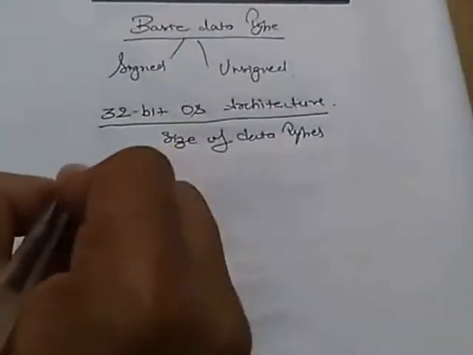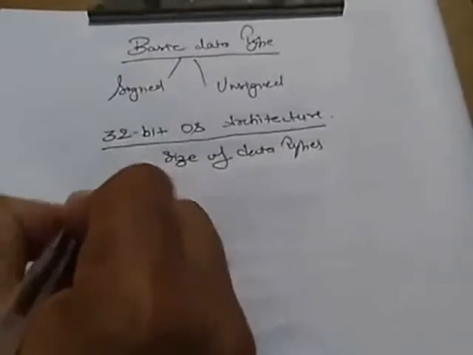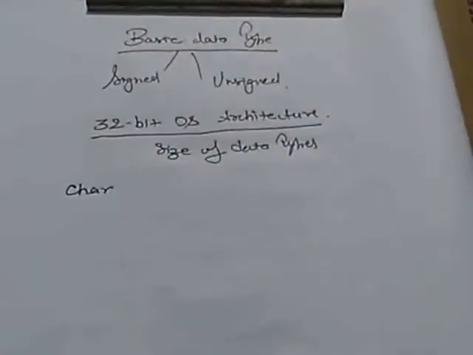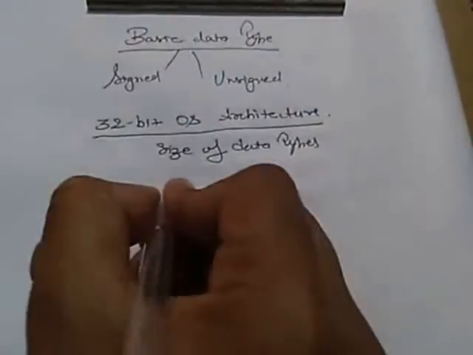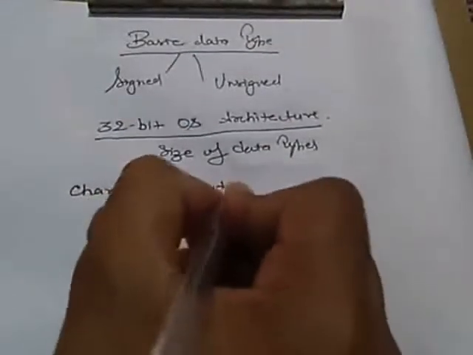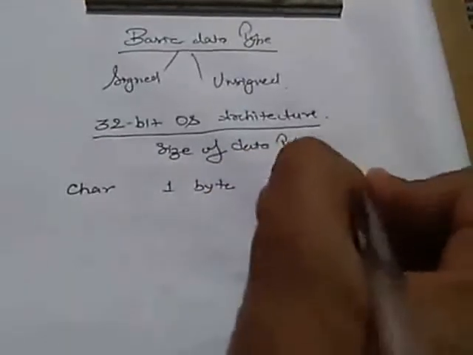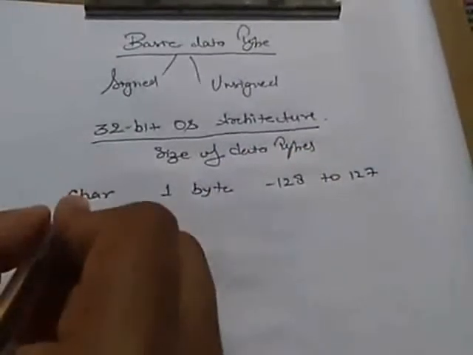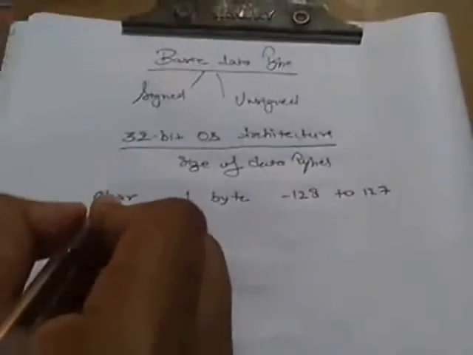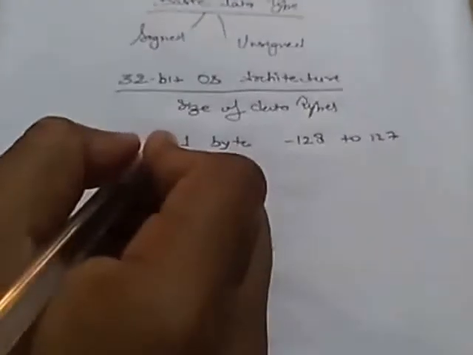Now we have character data type. Character takes 1 byte of memory and its range is from -128 to 127. In case of signed and unsigned, both will take 1 byte.